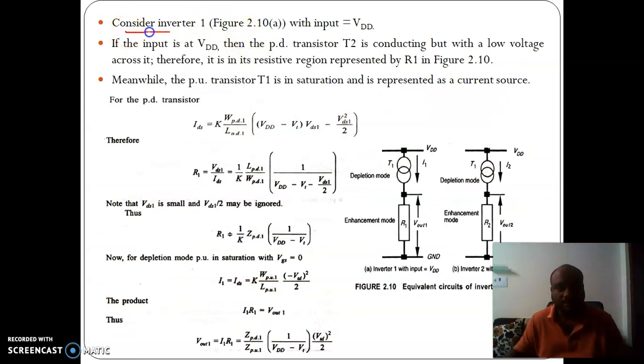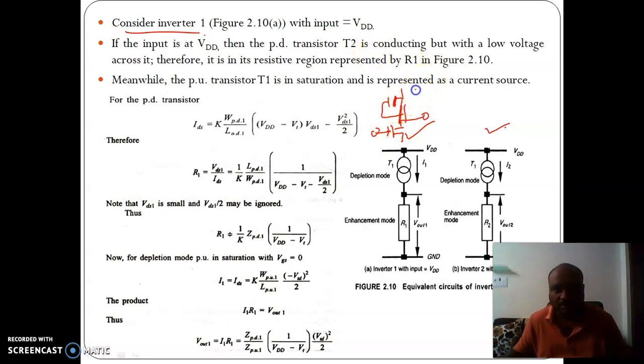Now consider inverter 1. See here the circuit is drawn differently. When we consider inverter 1, what is the pull up network and pull down network? The pull up network is a depletion mode transistor, and the pull down network is an enhancement mode transistor. Here the output will be taken, and here we connect the input.